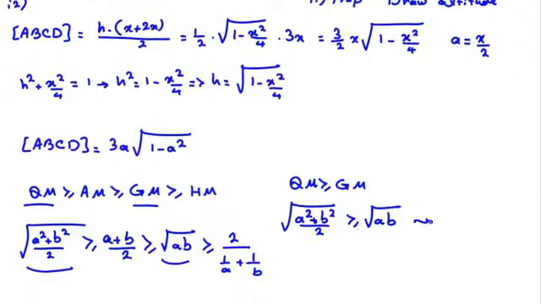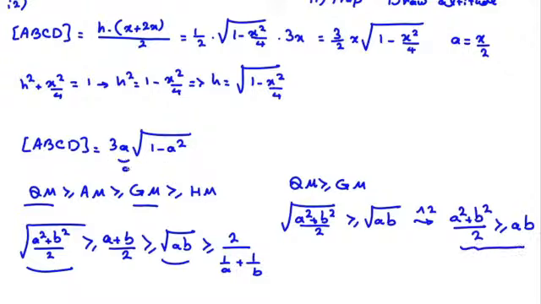You can raise both sides to the power of 2 because here they are positive. In general, when we use these inequalities, we use them for positive real numbers. For negative numbers, we should check whether it is correct or not. Here, if you raise to the power of 2, a squared plus b squared over 2 is greater than or equal to ab.